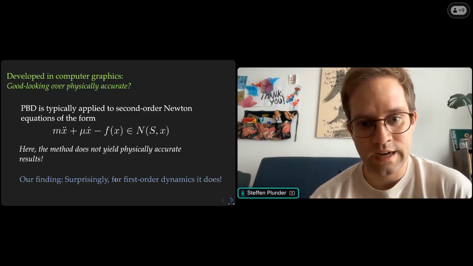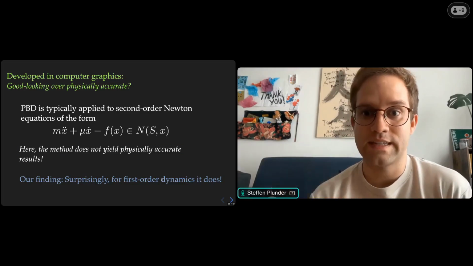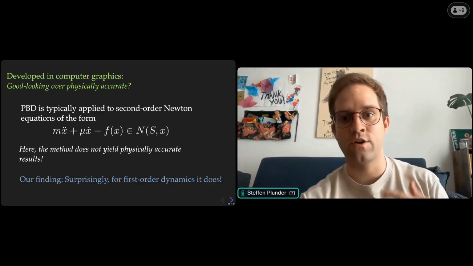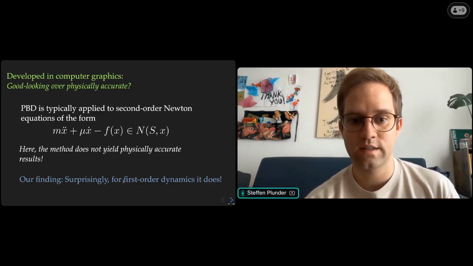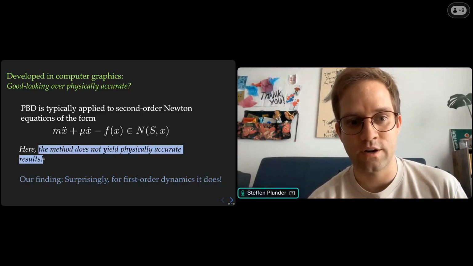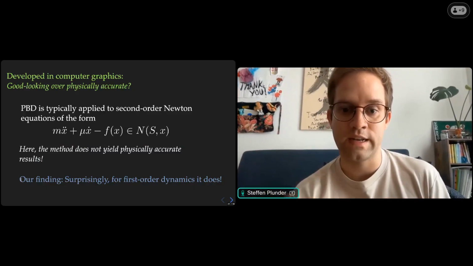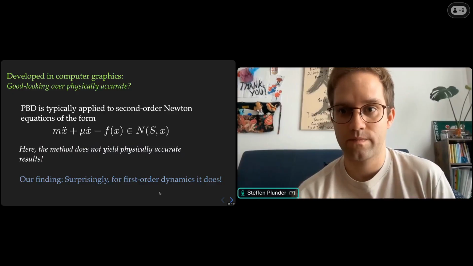What I found is that for first-order dynamics, it is actually accurate. In biological systems, we often have overdamped motion, so first-order Newton equations. This means that this method, which usually is only heuristic, in our setting in biology is a really capable simulation method we can use for real science.